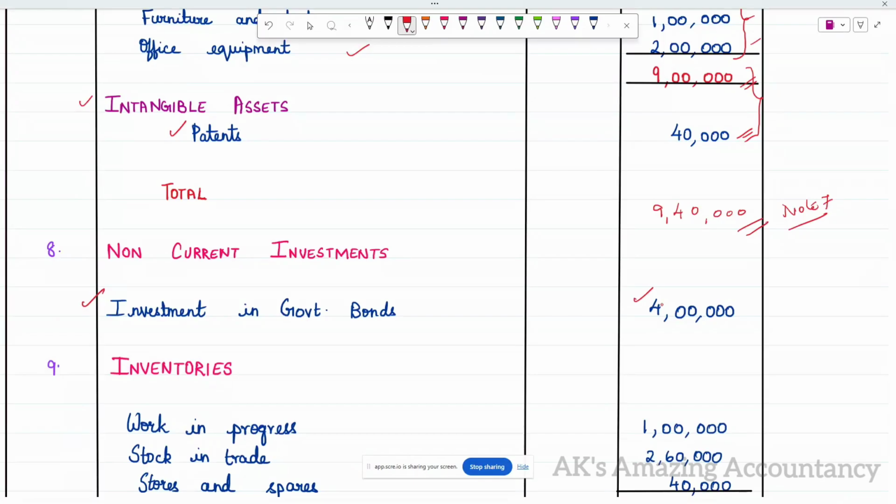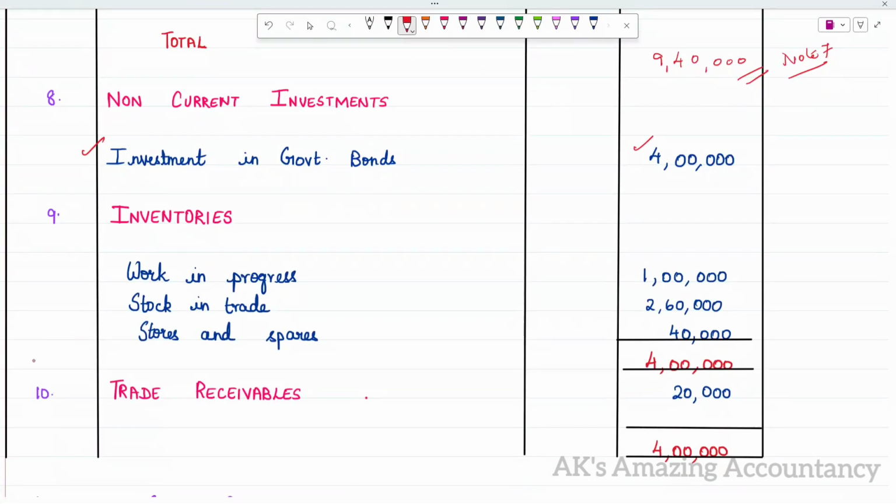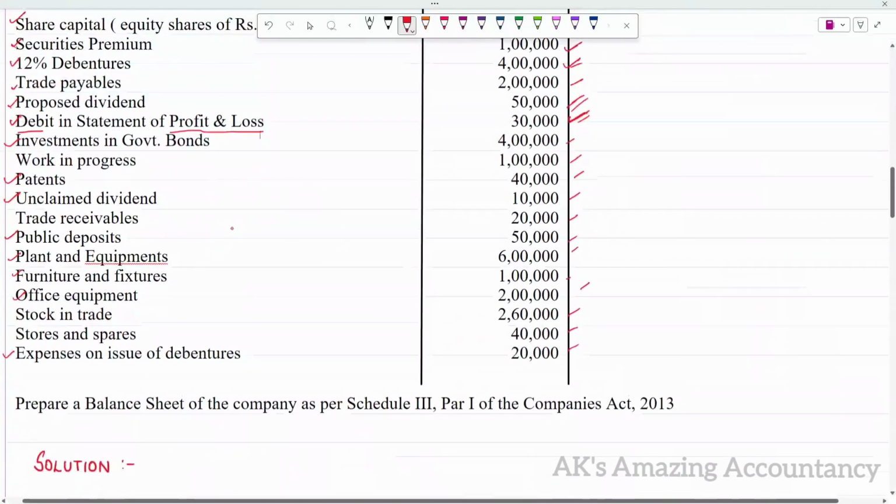Okay. And then the next note we have is note 9, which is for inventories. So note number 9 here, this particular problem, note number 9 is for inventories. So under inventories, we'll be having items like work in progress, stock in trade, and all that. So let us see what are the items which we have in this problem. So you have work in progress.